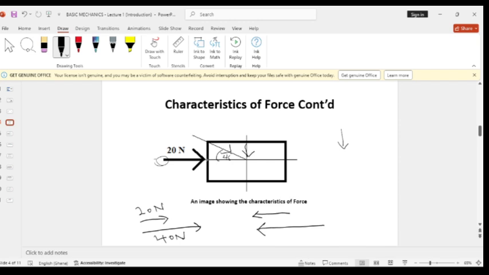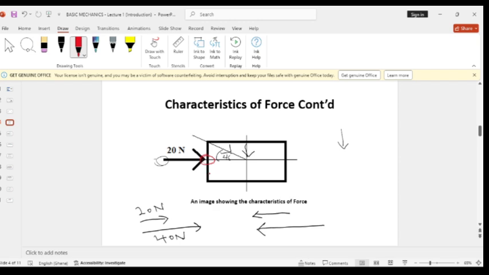The arrowhead touches, or it's pointed towards this part. It's shown here. So that part becomes the point of application. This part becomes the point of application. So where the arrowhead is actually directed towards, that becomes the point of application.